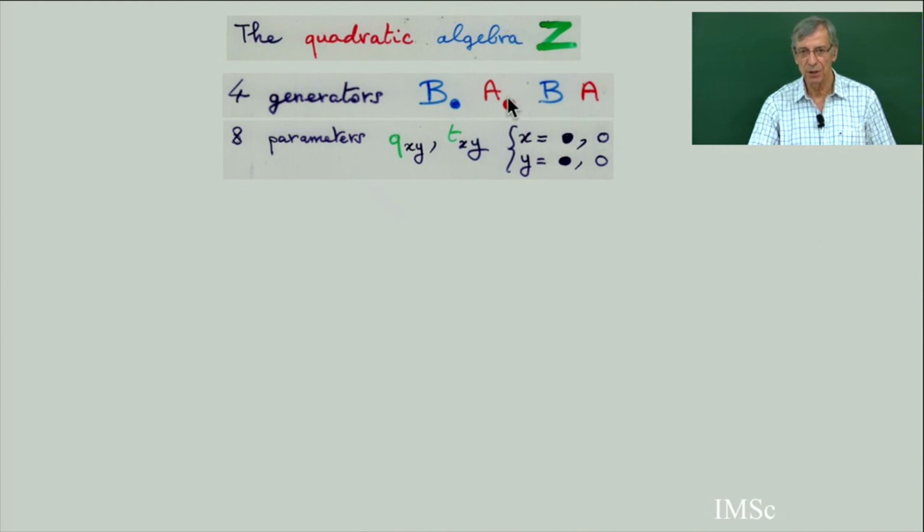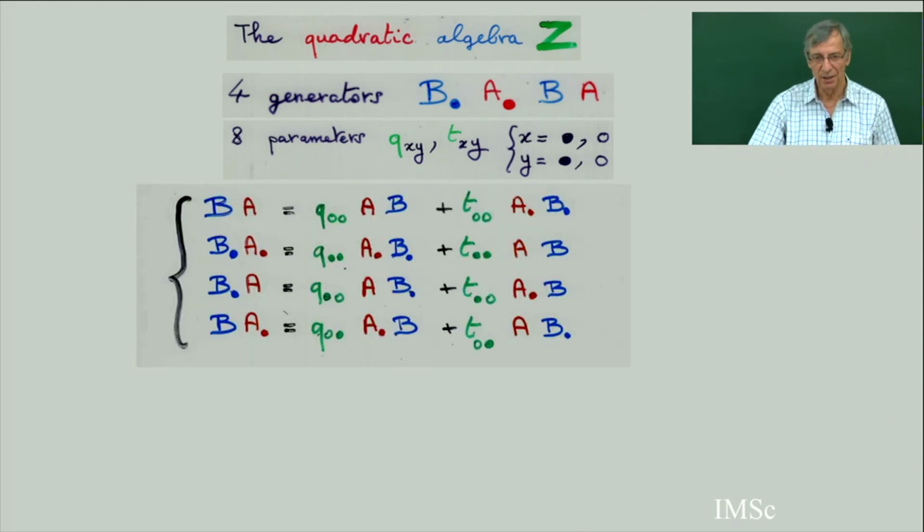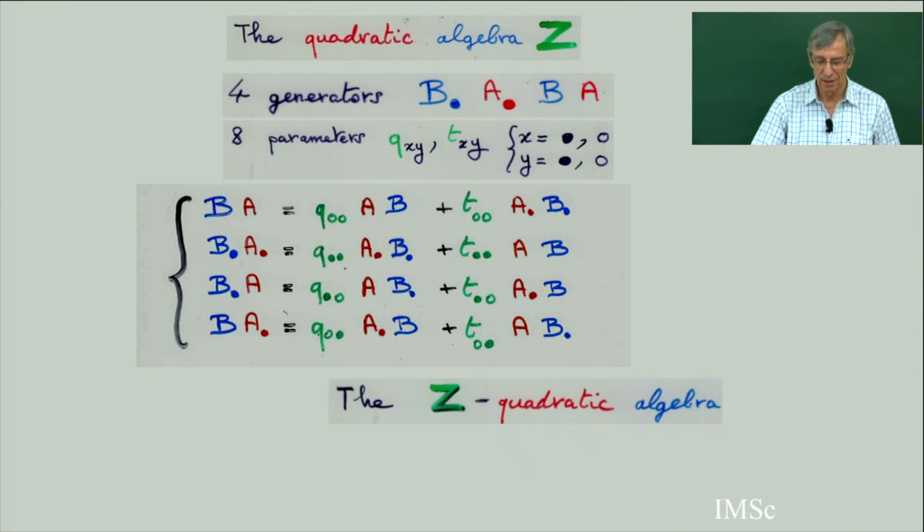So there are four generators, B dot, A dot, B, and A, and 8 parameters. There will be some 4 Q analog and 4 T analog. And here is a system of equations. I will call this the Z quadratic algebra or the XYZ quadratic algebra.